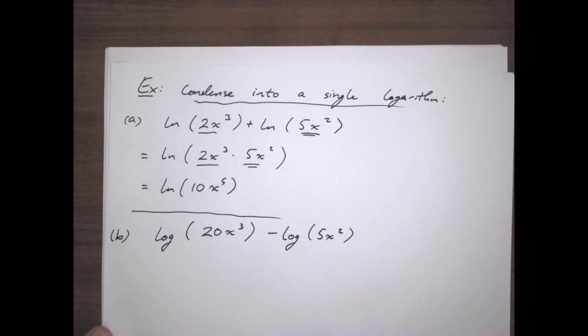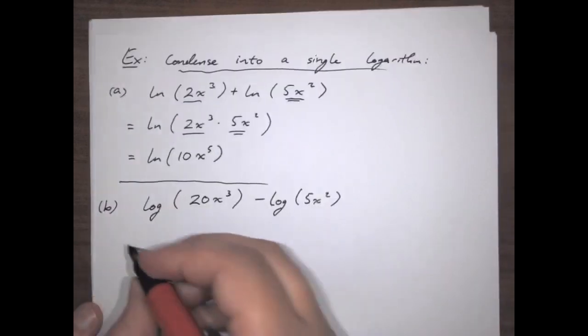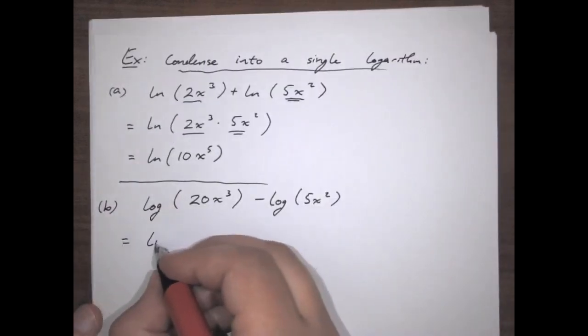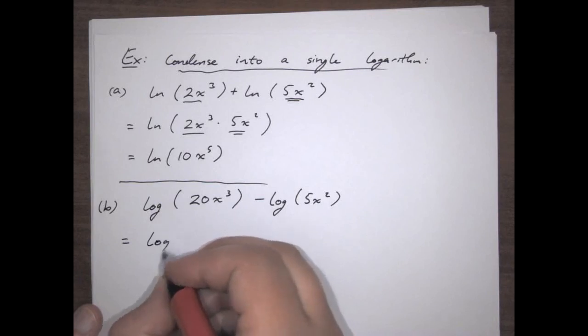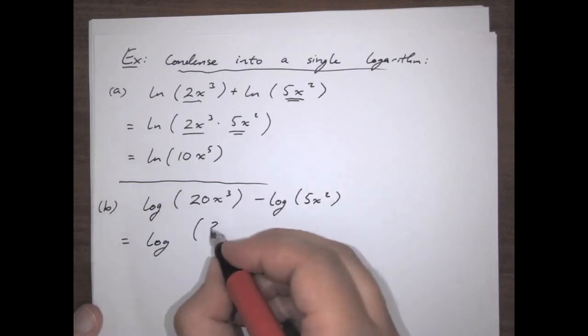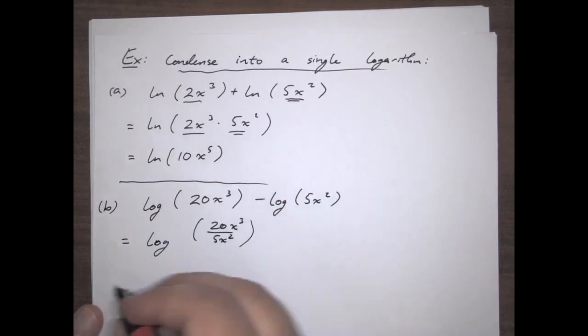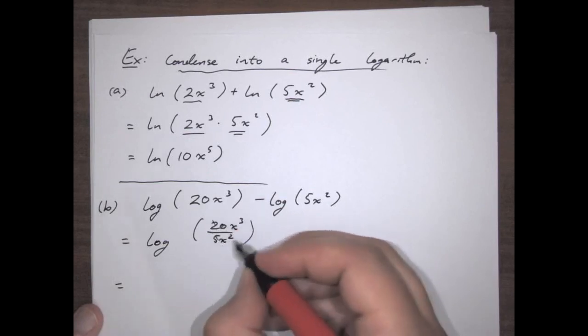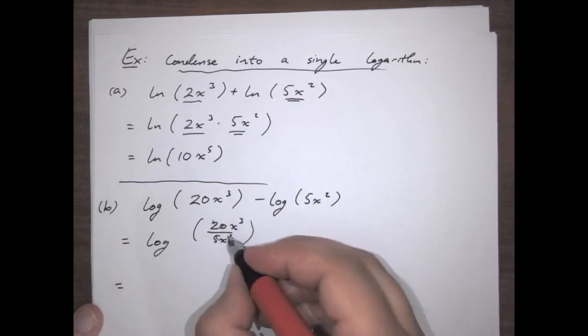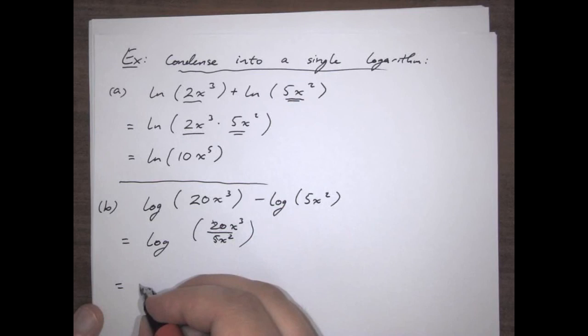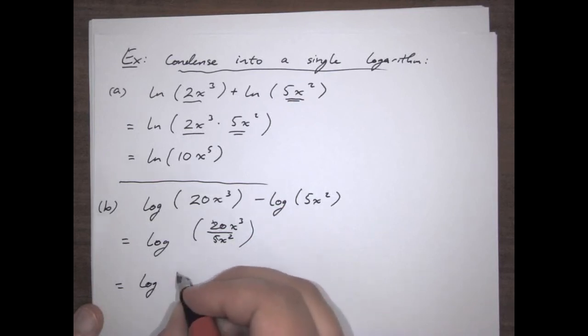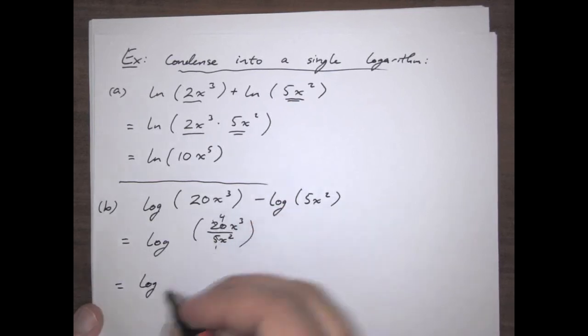And here then, if we wanted to deal with this, we could just rewrite them as a division. But these have some common factors, and this cancels a little bit. And so we have log of 4x.